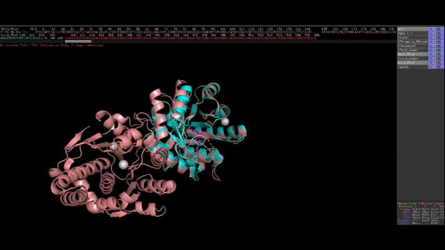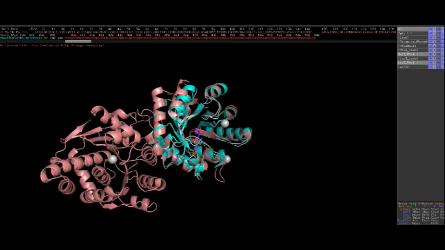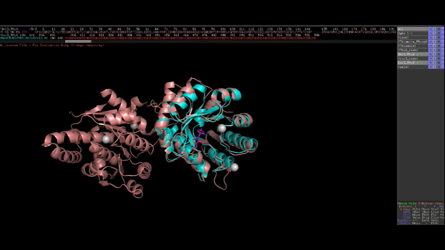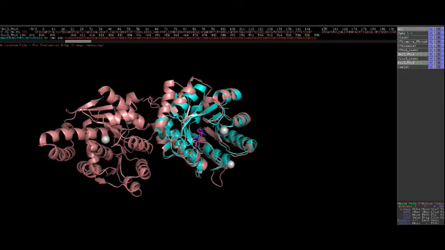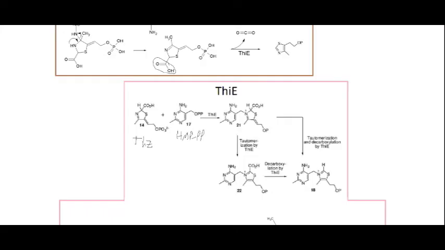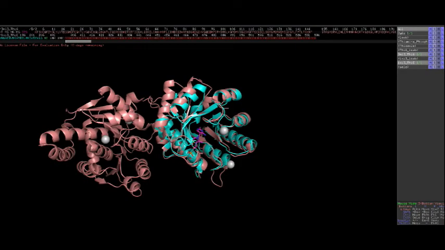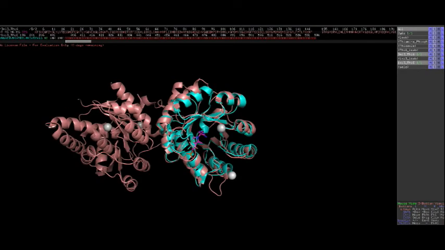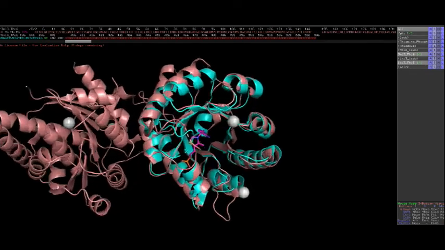I'm not sure what this extra domain is on the eukaryotic enzyme, or what it does. I didn't look into the eukaryotic as much, since I was pretty much just going through the prokaryotic pathway. But we do know that in this figure, it says THIE domain, and that would definitely be this part that's overlapping with the archaeal THIE in cyan.